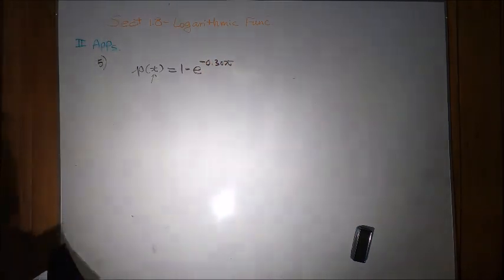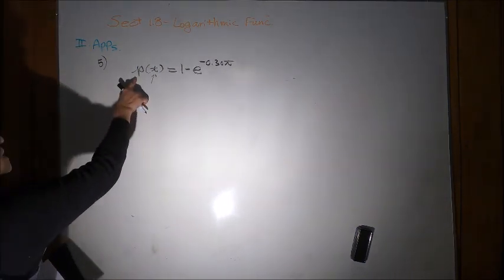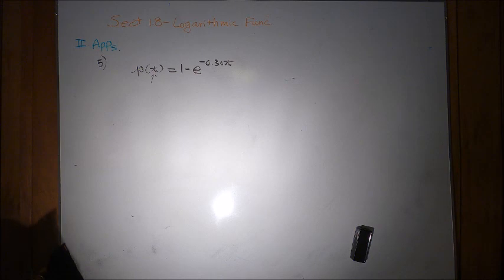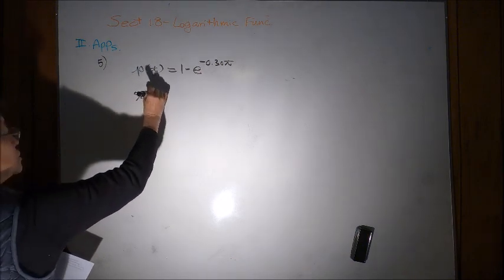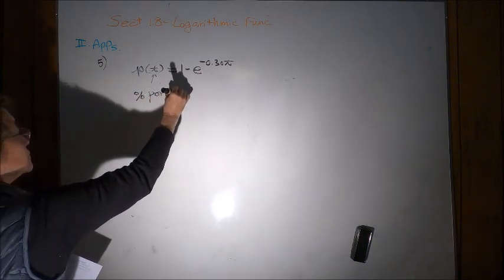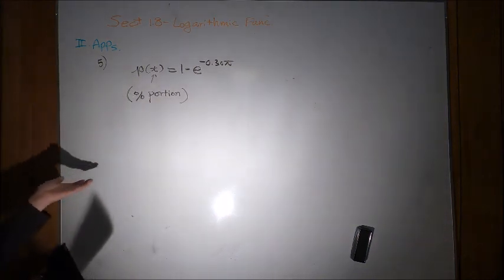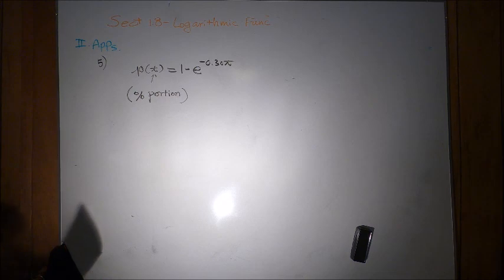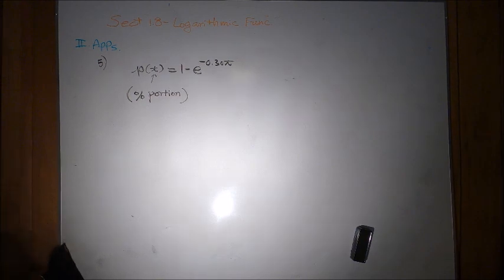The spread of the report is given by this formula, a percentage according to the time. That's your percentage portion. Just like a virus, when 2% suddenly becomes 20% or 50% of the population, it becomes serious.